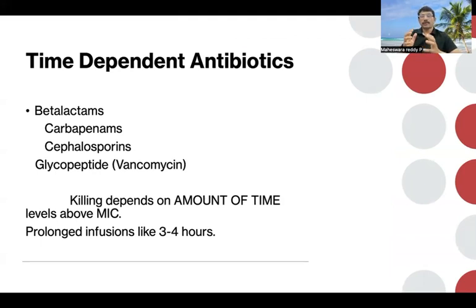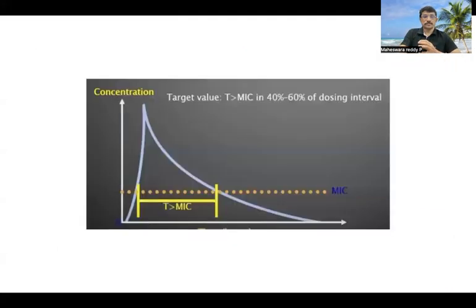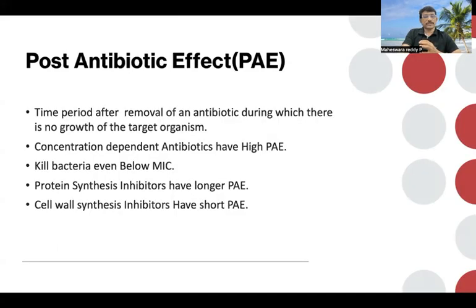Time-dependent antibiotics we commonly use are beta-lactams like penicillin, carbapenems, piperacillin tazobactam, and cephalosporins like ceftriaxone. Here the killing depends upon the amount of time above the MIC. The concentration is just above the MIC, but what we need is a prolonged infusion above the MIC.